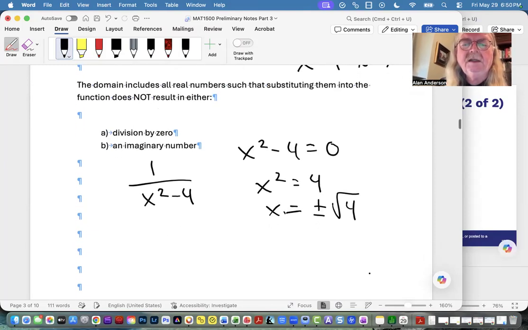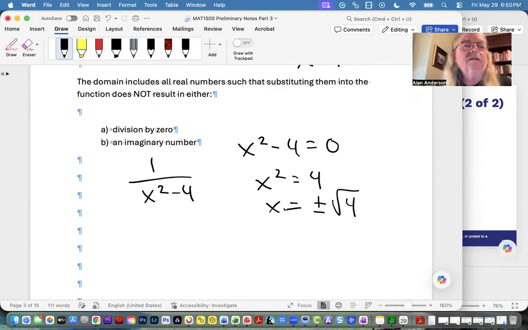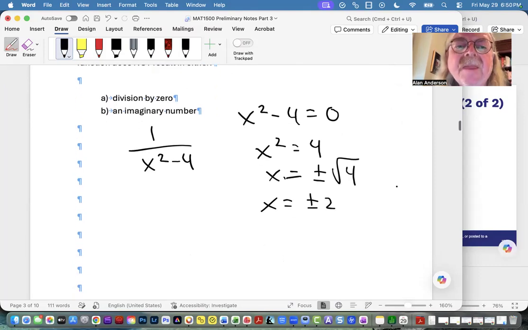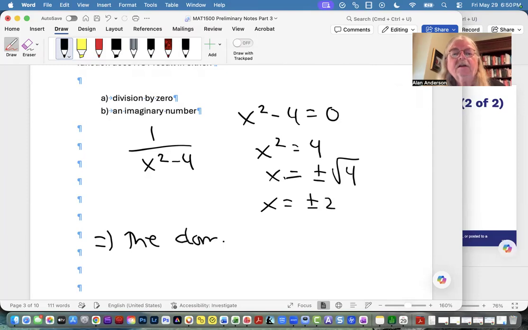Okay, so in other words, x equals plus and minus 2, either one of those substituted into this expression will lead to division by 0. So that implies that the domain cannot include either 2 or negative 2.